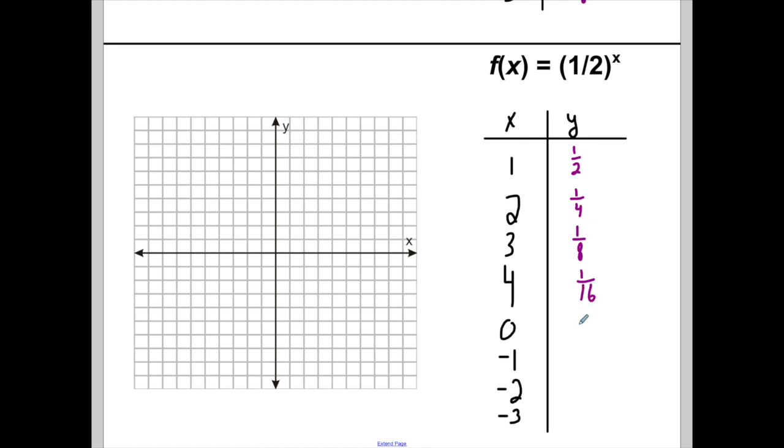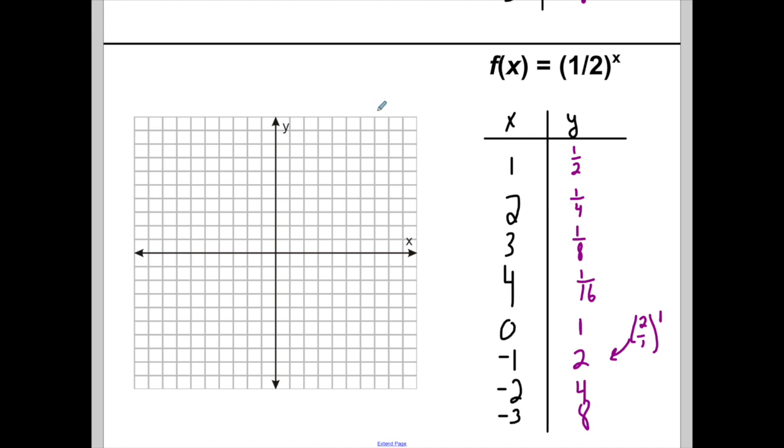A half to the 0 is 1 because anything to the 0 is 1. A half to the negative 1: first we would flip it, and it would become 2 over 1. And then the exponent would flip to a positive 1, right? And that would be 2 to the power of 1, which is 2. Similarly here, this would be 2 to the power of 2, and this would be 2 to the power of 3.